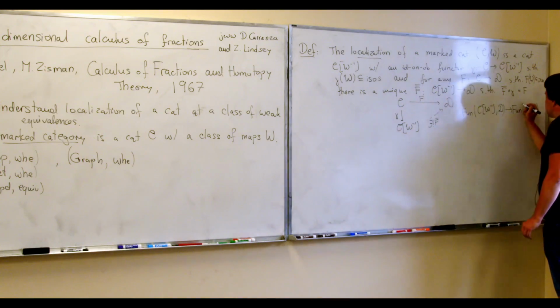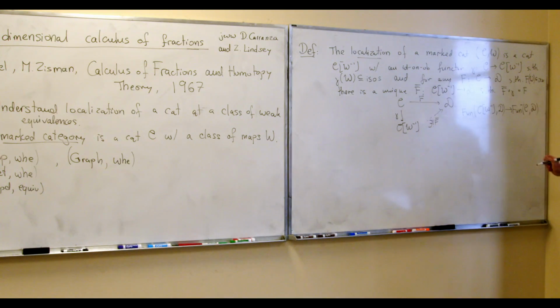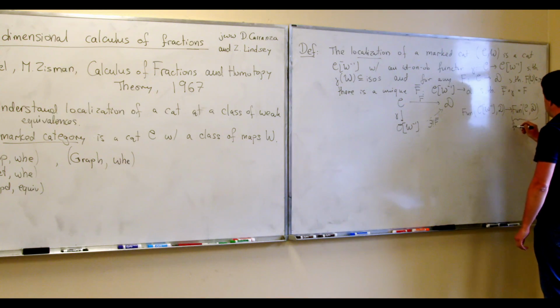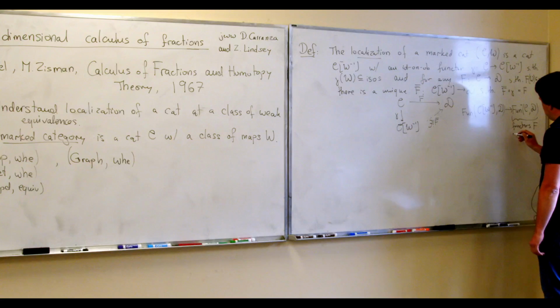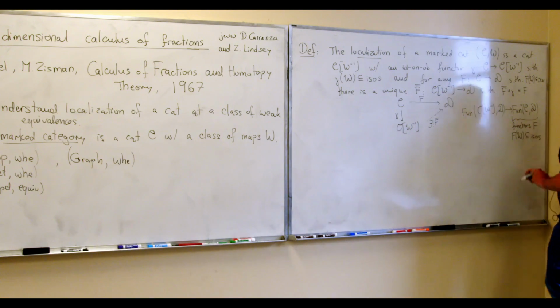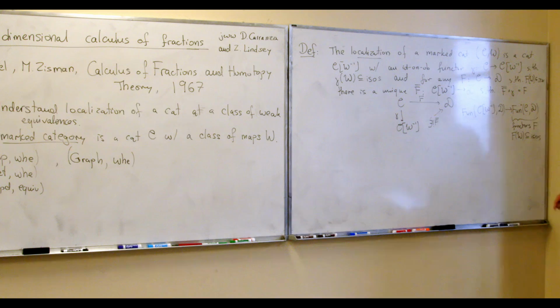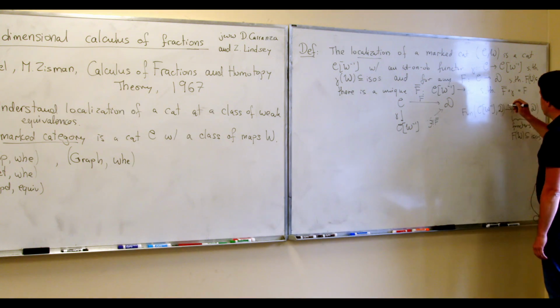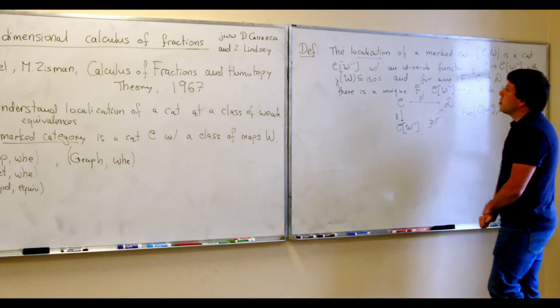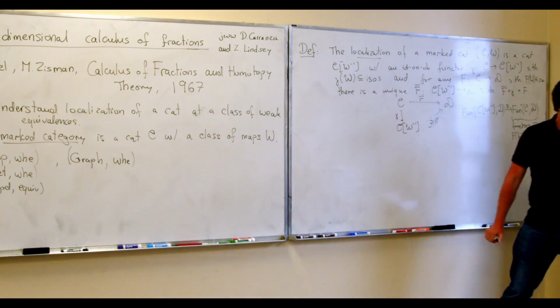These are some special functors, namely those that take weak equivalences to isomorphisms. So these are functors f with the property that f of weak equivalences is contained in isos. And what I'm going to require then is that this is a bijection. Okay, cool. So that's what the localization is supposed to be.